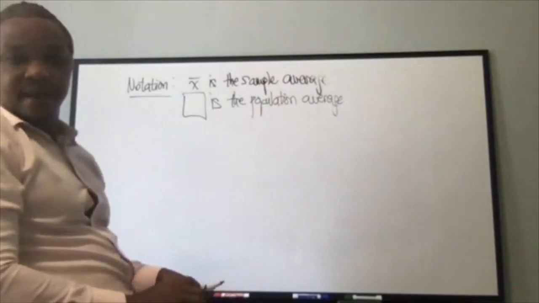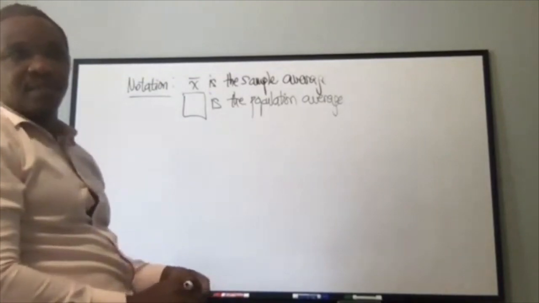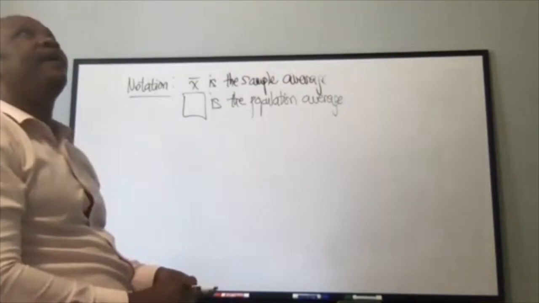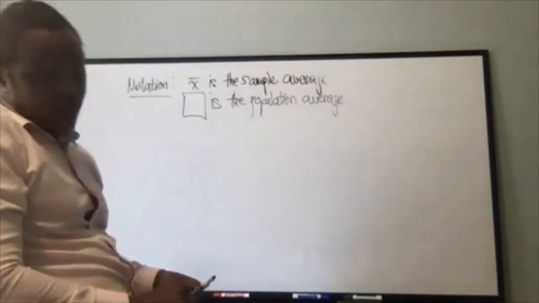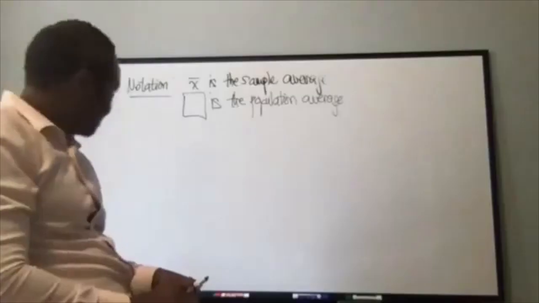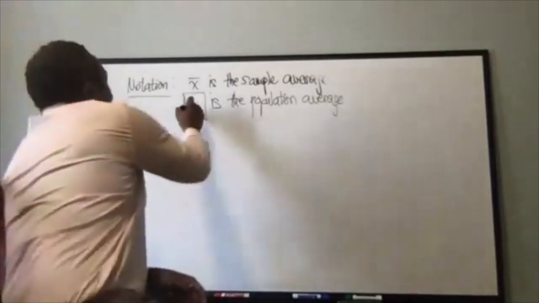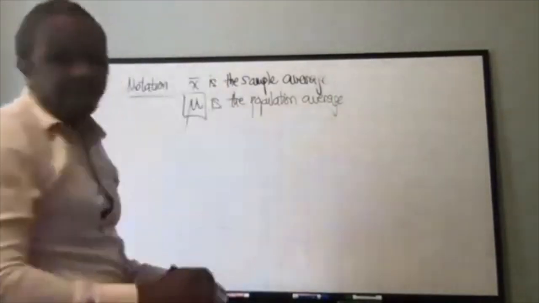X bar is the sample average, whereas what Greek letter represents the average of everything? Is it the thing that looks kind of like a Y? Yep, exactly. In fact, it looks like this: mu.